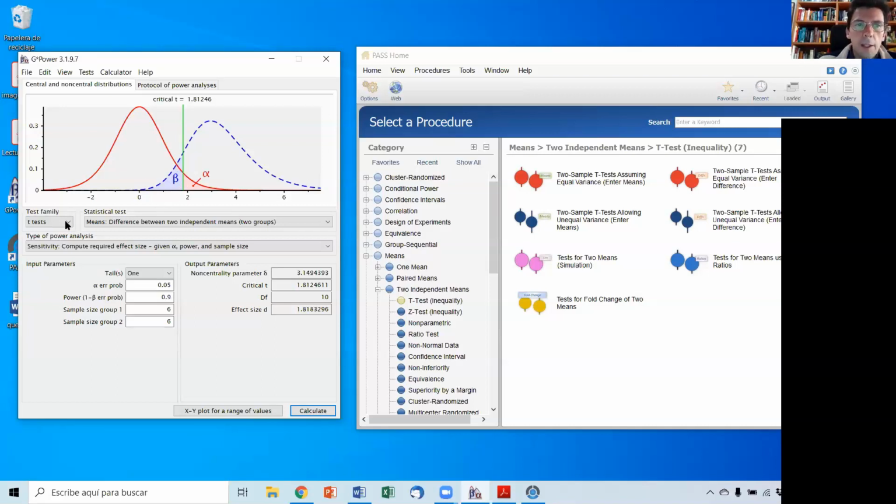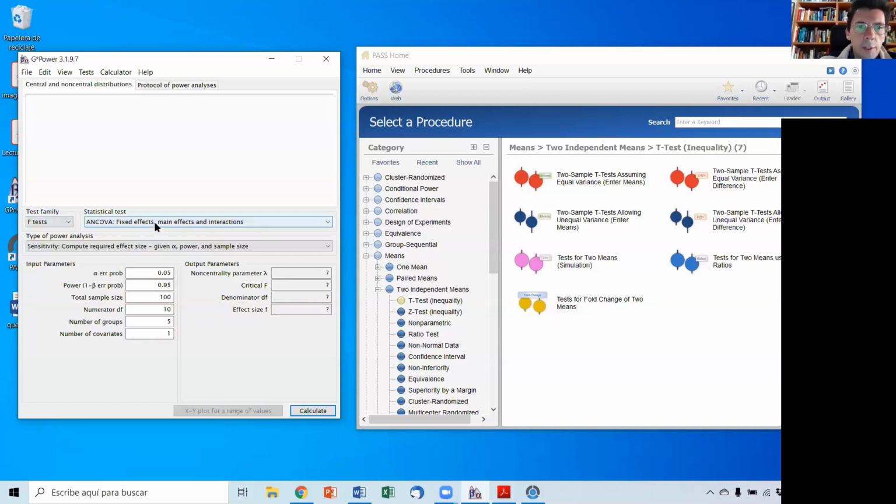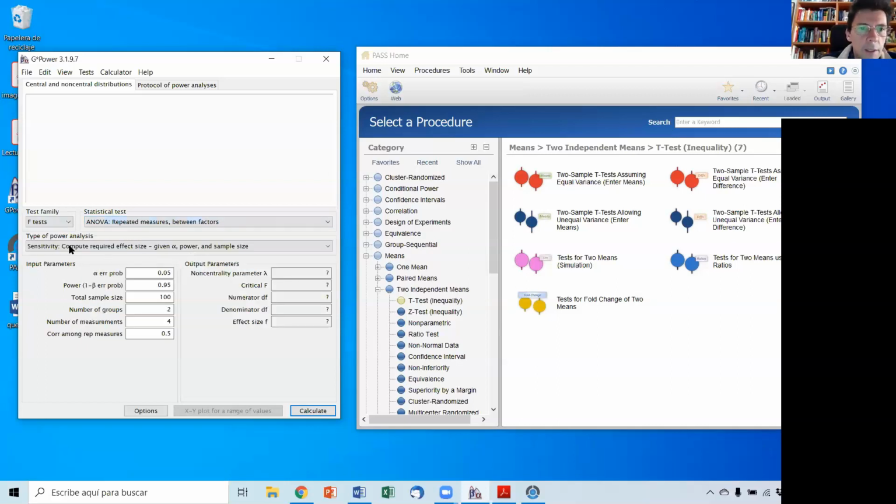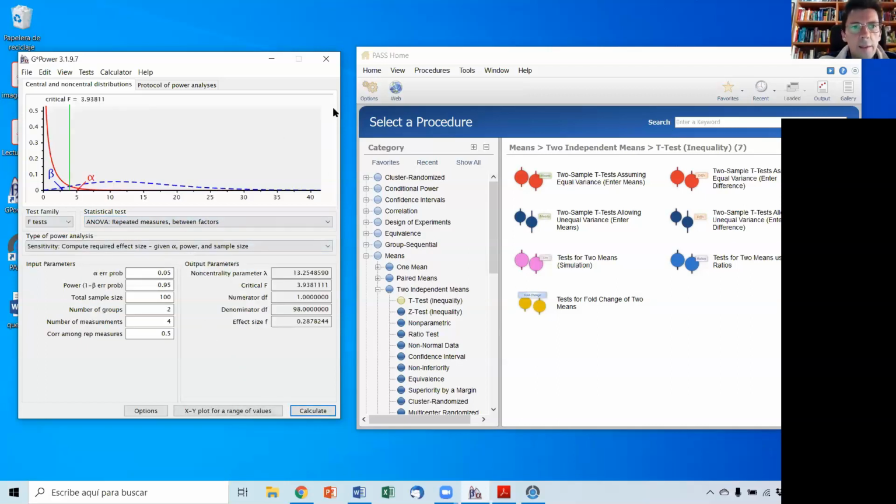Depending on the particular test that you're doing, for instance, let's say we are doing an ANOVA, and we take the default values, the distributions can be completely different. Here you see that it doesn't look like a Gaussian at all. This one either, the blue one doesn't look like a Gaussian either. But the principle is the same.